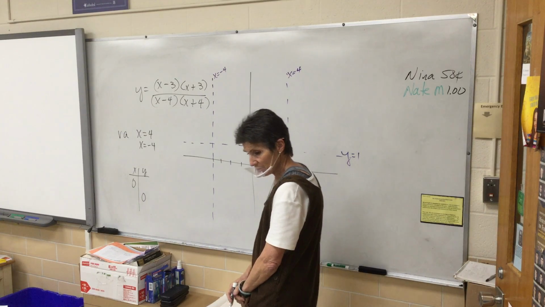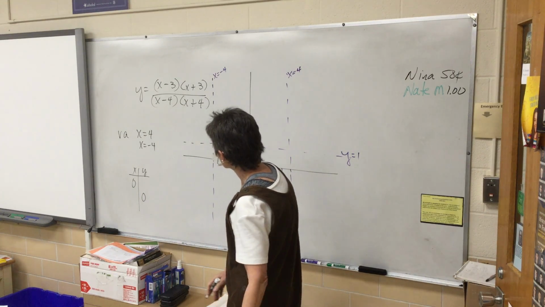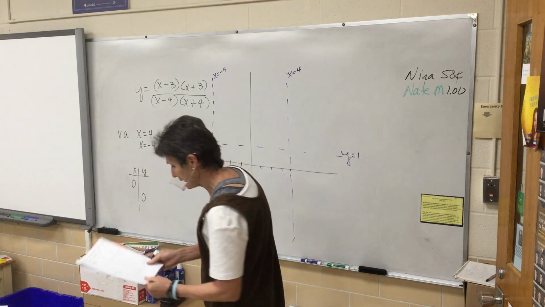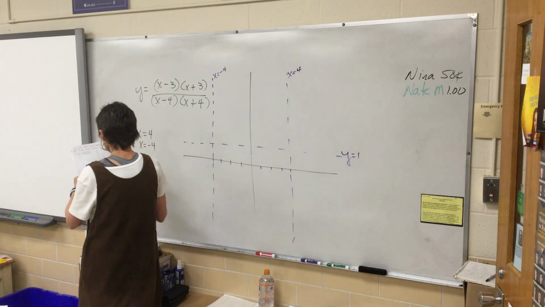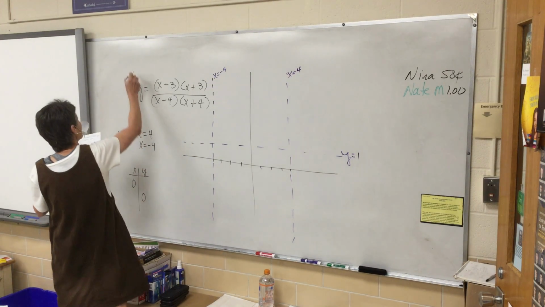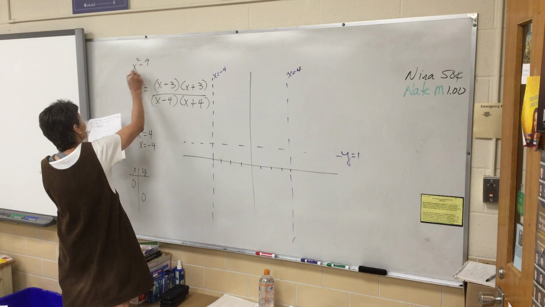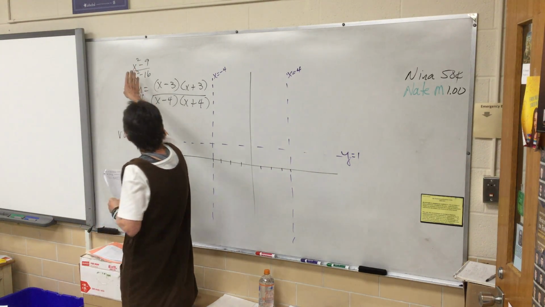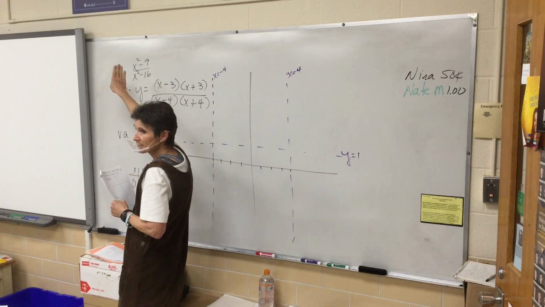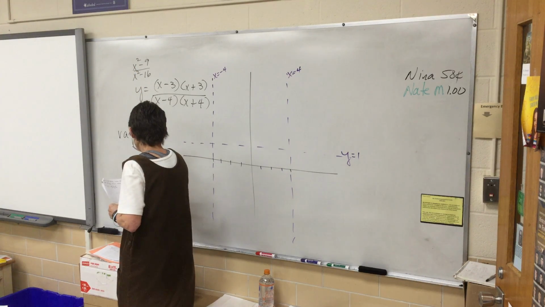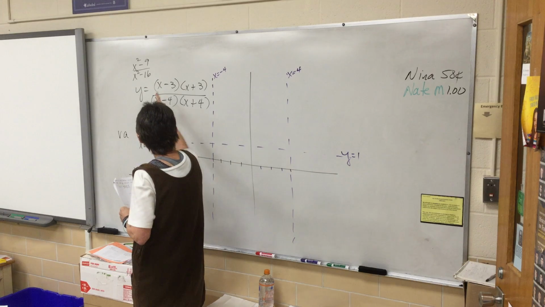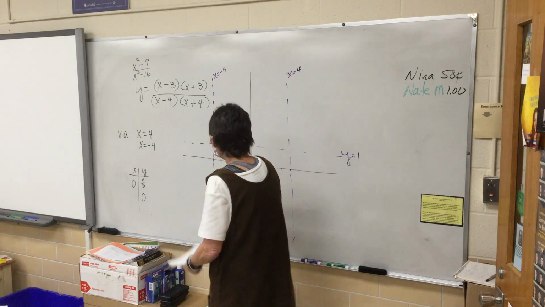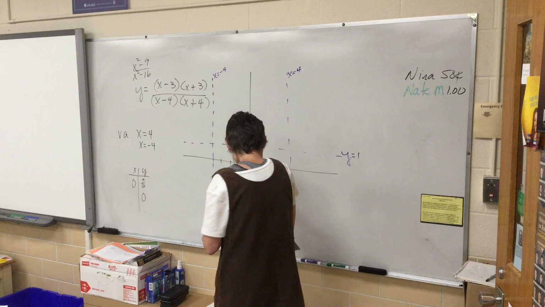It might be easier to plug 0 into the original. If you plug 0 into the original, won't we get 9/16? Which is the same thing you get if you plug it in here, you'll just have to multiply it out. So (0, 9/16).